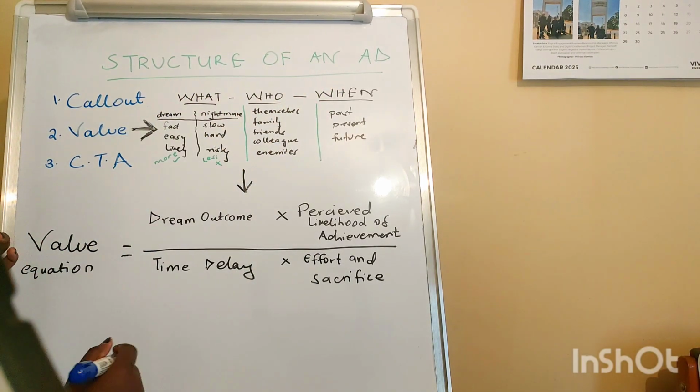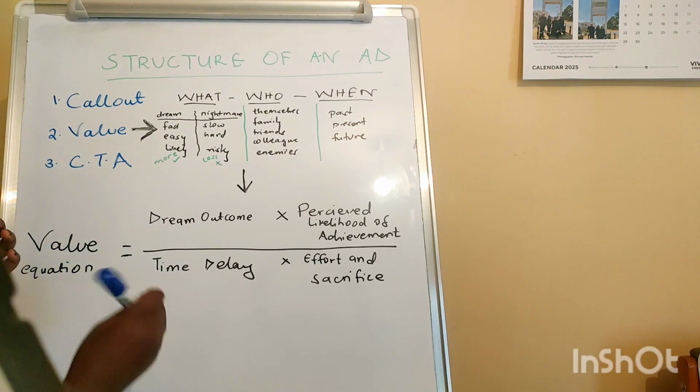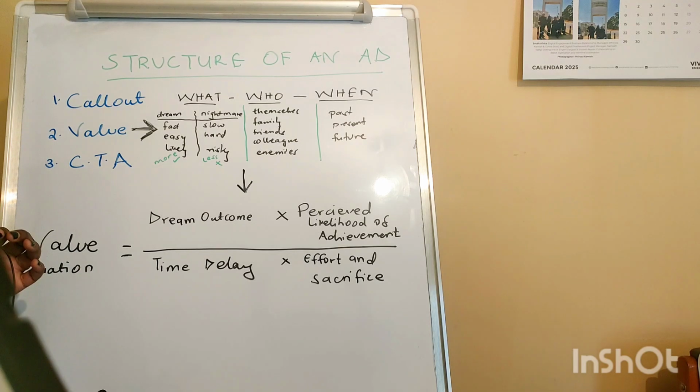When you're writing down the value part of your ad, what does this mean? The what means that you have to understand what your products and services do to your target market. What benefits are you offering? What is good about your product or your service?